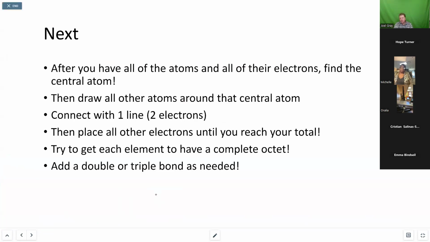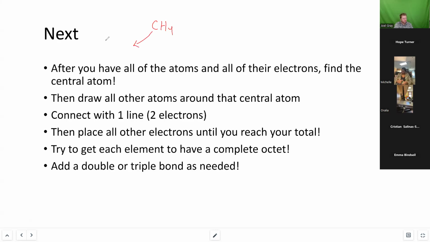So the first thing that you need to do is look at the formula for that molecule. Once you have the formula and you have all of the atoms, you have to look at the periodic table and become familiar with how many valence electrons they bring in. Okay, so let's go ahead and use CH4 as our model.